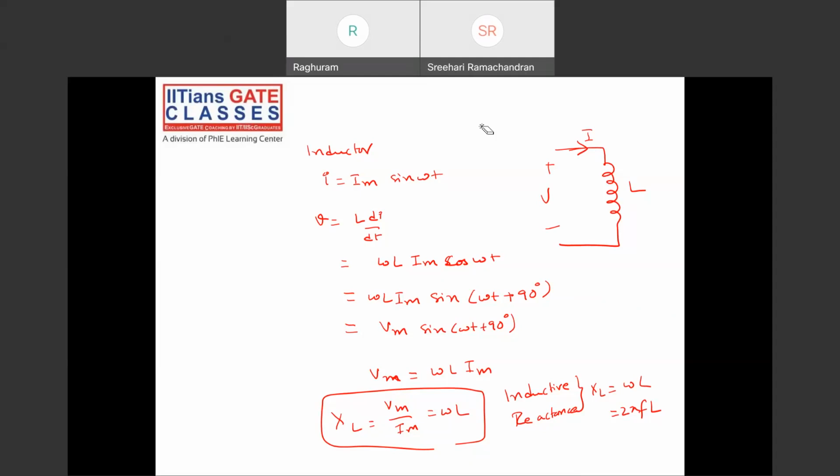Okay. So if I take my current as I is equal to Im sin omega t, where is my V? V is leading I by 90 degrees.